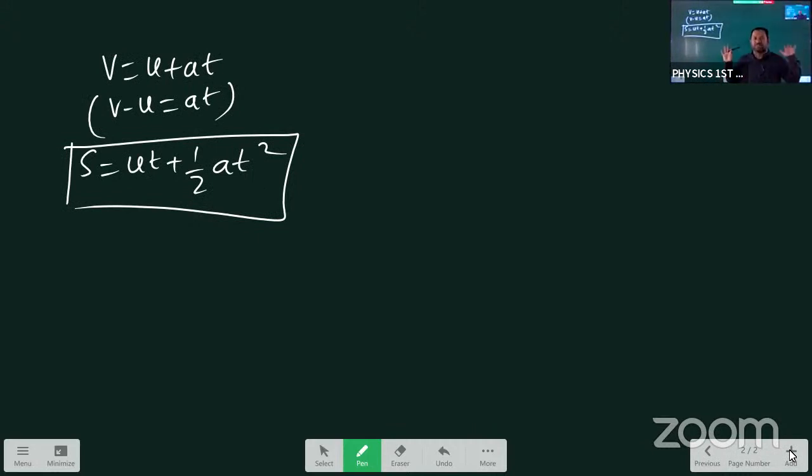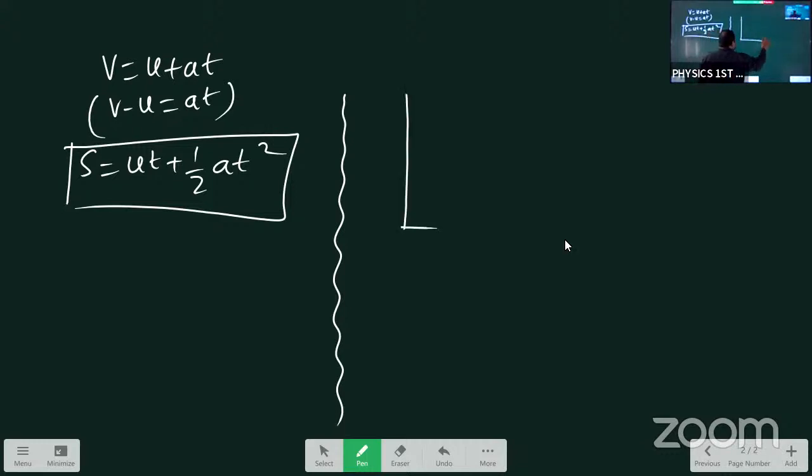A very easy answer. When you read this question, concentrate especially on the 4 steps, students, because it is a 4-mark question with 4 schema of evaluation points. First, you write the matter in your own words: a particle has initial velocity U, final velocity V, acceleration A. Then draw the graph like this.